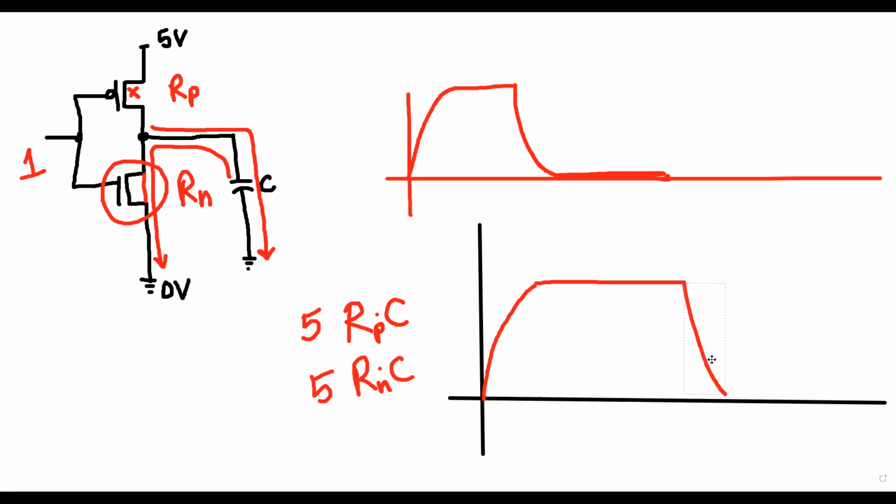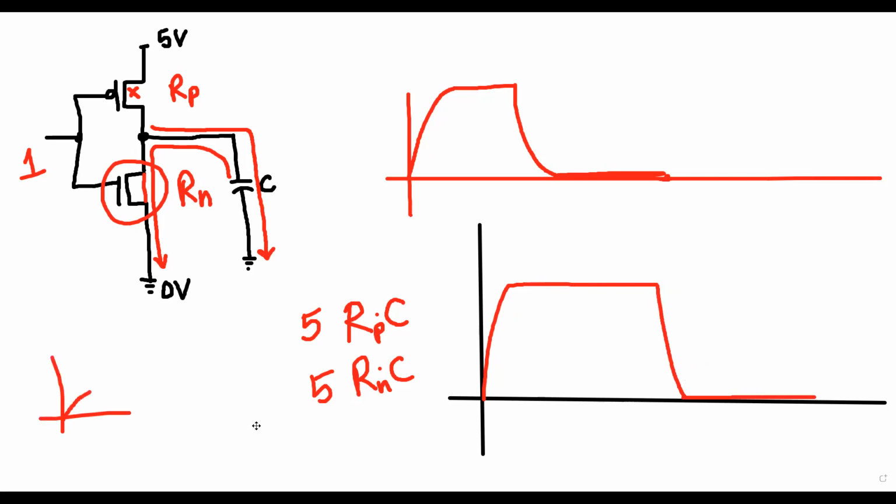Or should it be like this? If they are equal, it looks like a normal square wave, right? It looks like a what? Square wave. So if the charging time is more, then the discharging time is less. It can happen, or it can happen the other way.